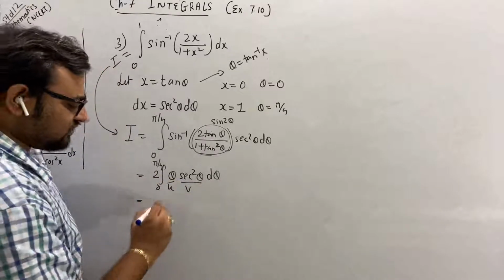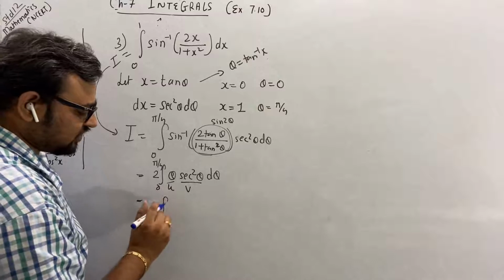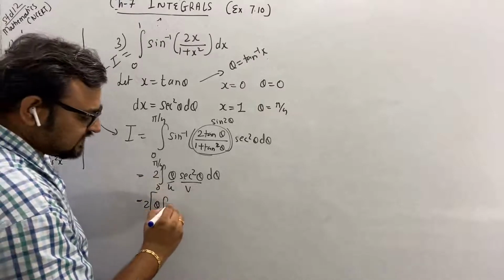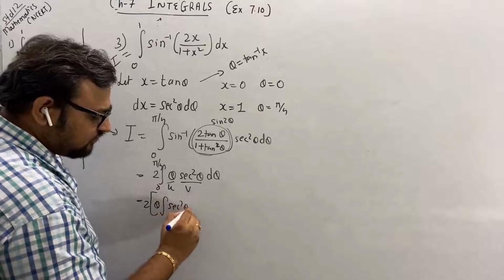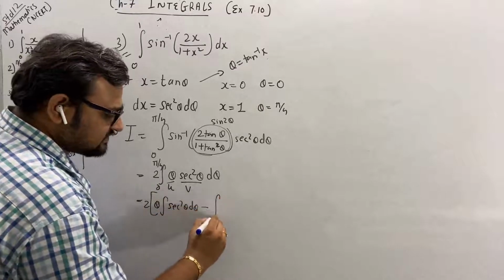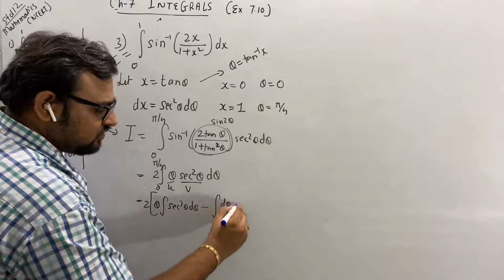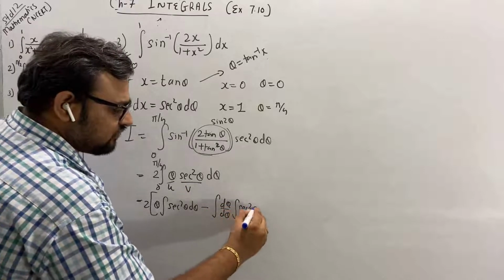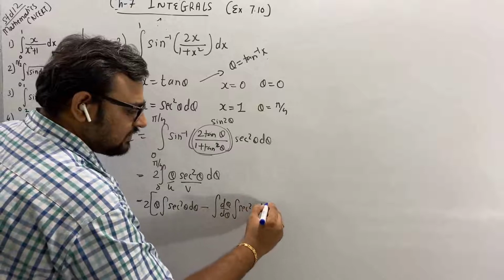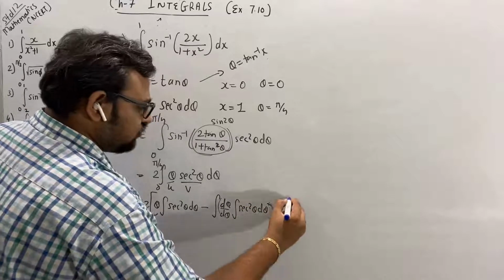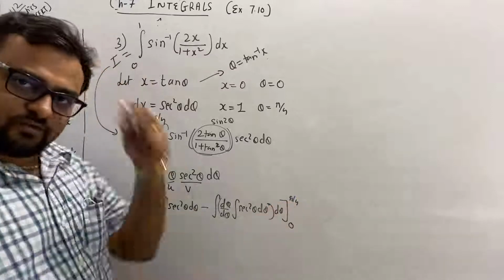So what was our formula? Integration of UV: U as it is, integration of V, minus derivative of U, integration of V. I'm taking 2 common. Limits 0 to pi by 4. Clear?